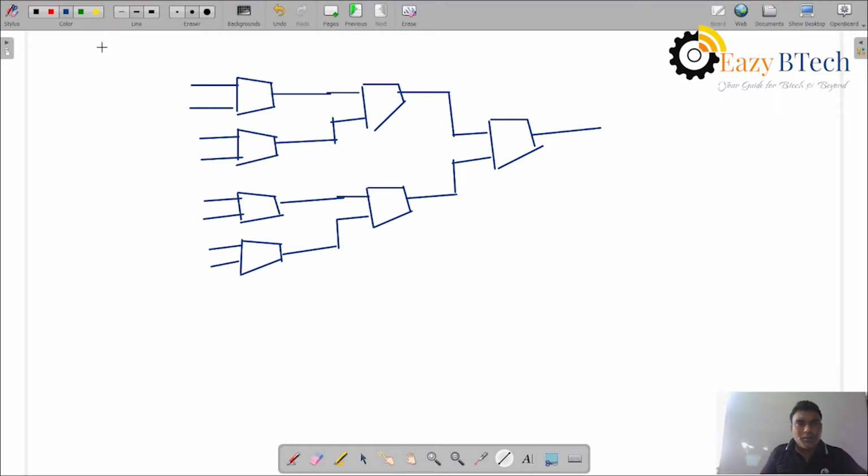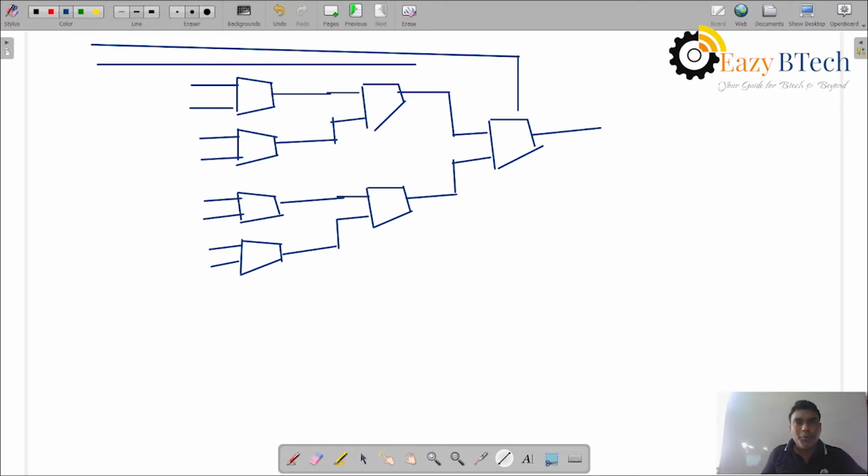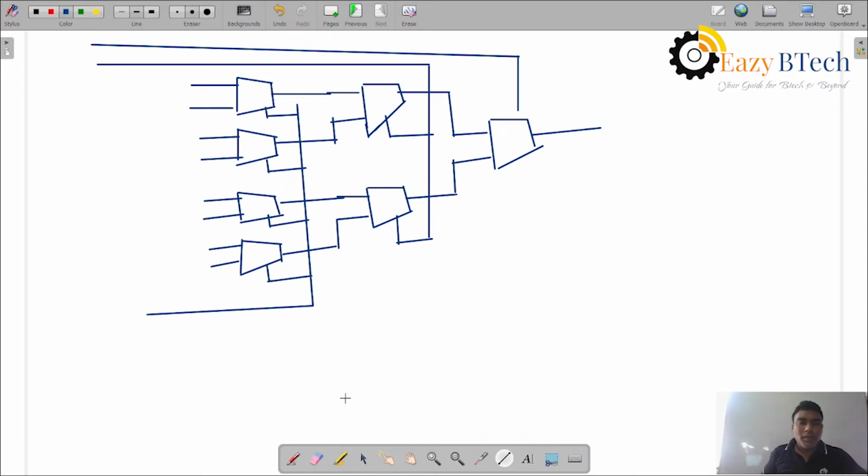Okay, so the inputs are, so this is input A. Now input B, which is connected over here. Now input C is connected to the selection of the first level.